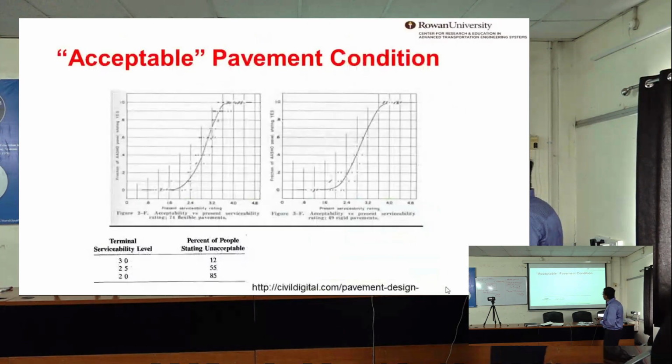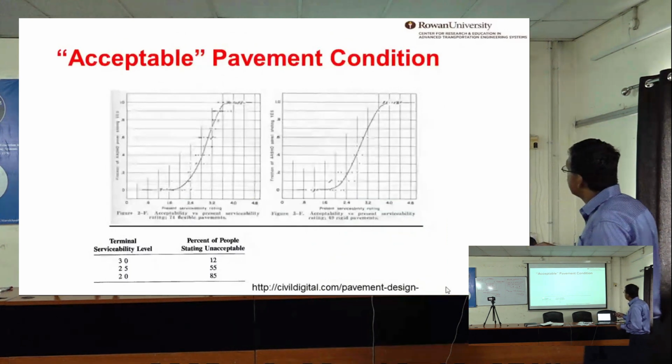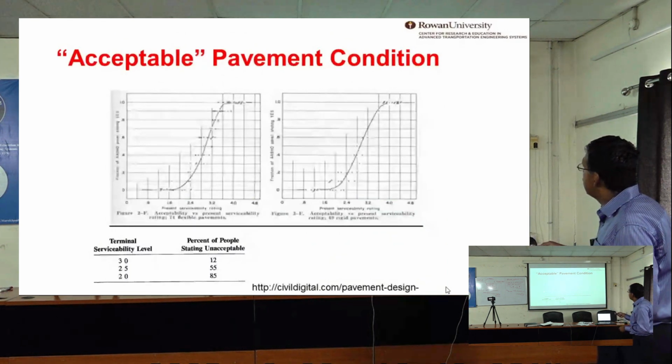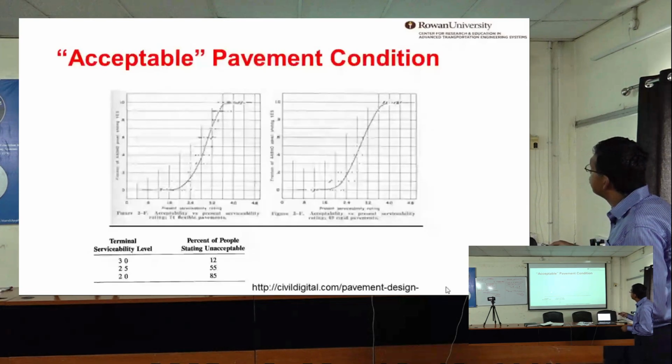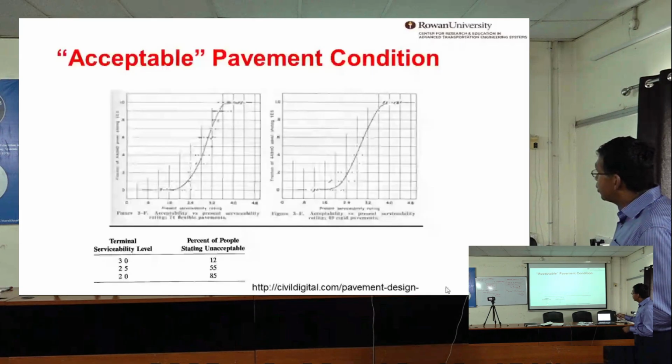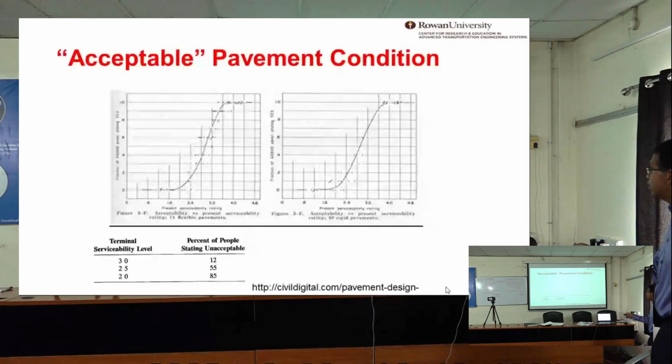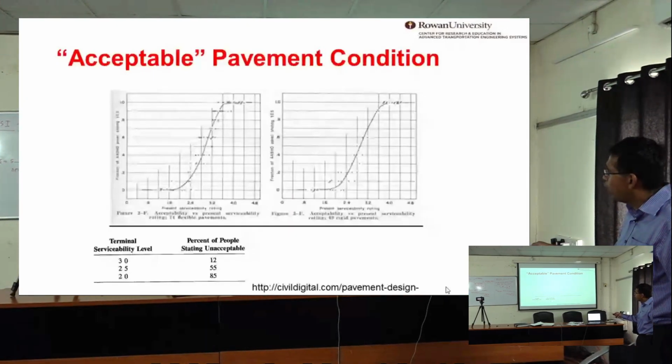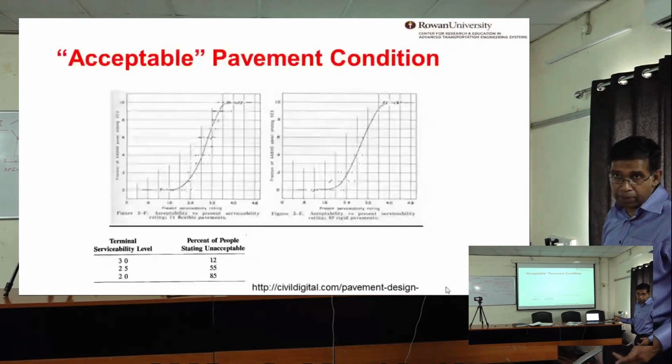So right here, you are looking at the AASHO equation, pavement serviceability rating going from 0 to 10, and you had this equation. At a terminal serviceability level of 3, 12% of people said it was unacceptable.